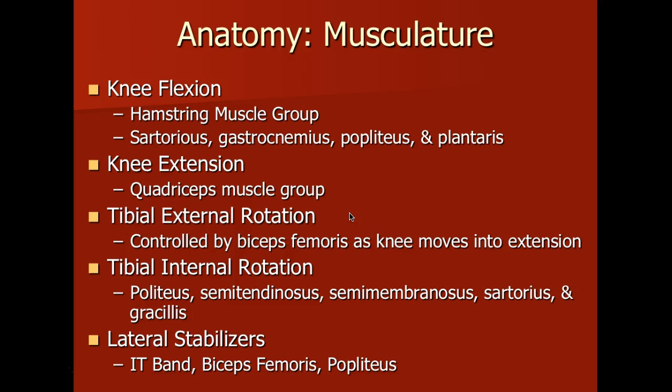It's not safe to have a ratio that's less than that, because then the quadriceps are overpowering the hamstrings, which means there's not going to be very much limiting how fast or how strong knee extension is produced. And you need control of knee extension, especially as you're reaching that terminal range of motion.